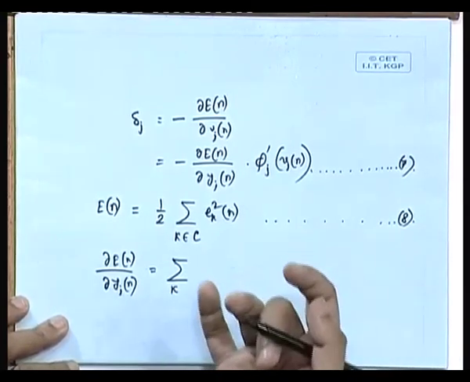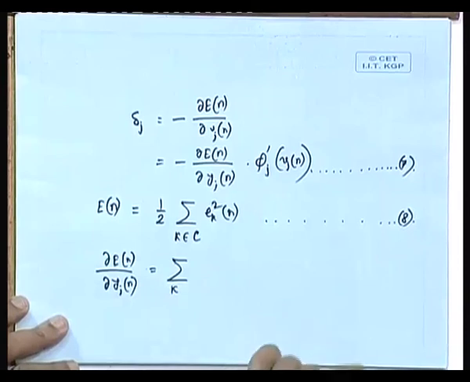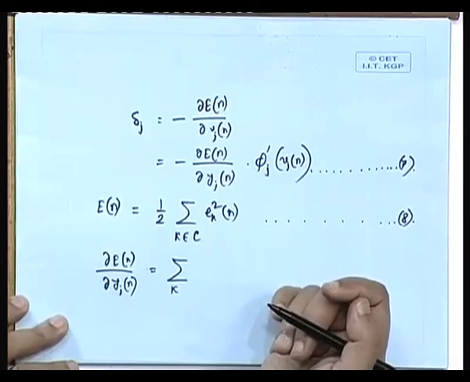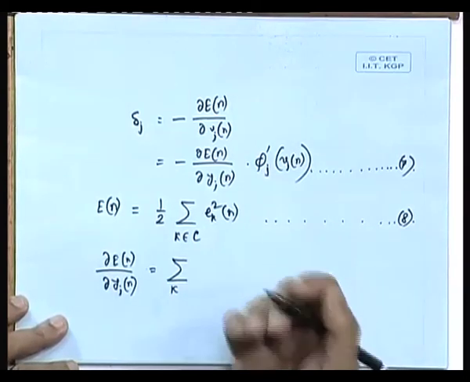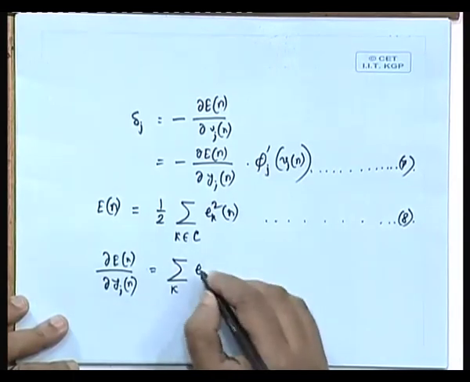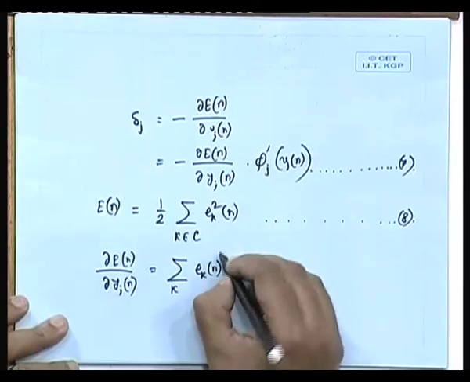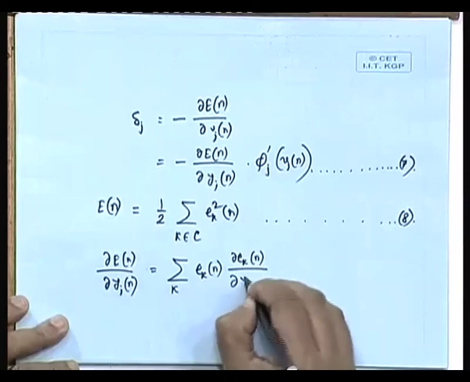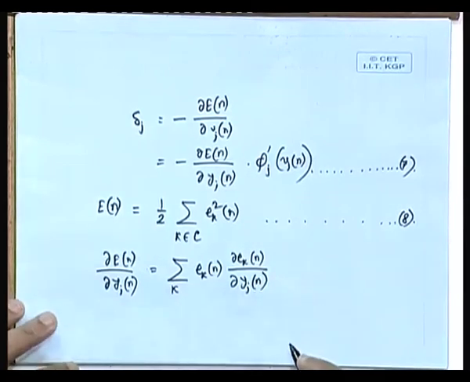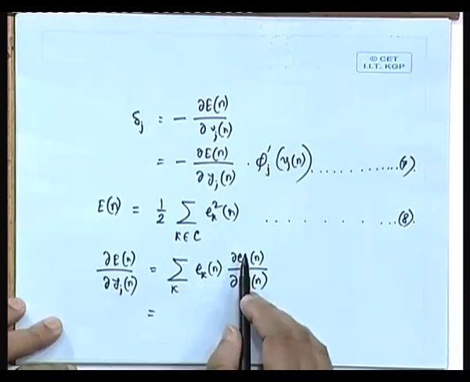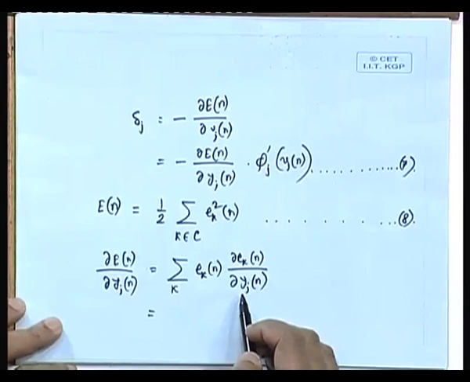Taking any one Ek gives Ek multiplied by dou Ek by dou Yj. So we are summing over all the neurons in the output layer. This is summation over k of Ek of n times dou Ek of n by dou Yj of n. Is that correct?